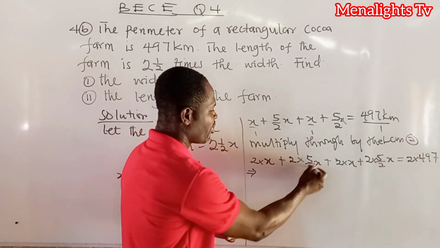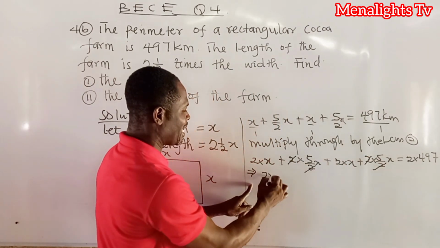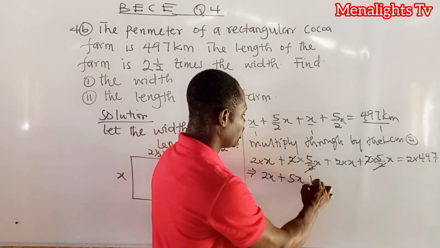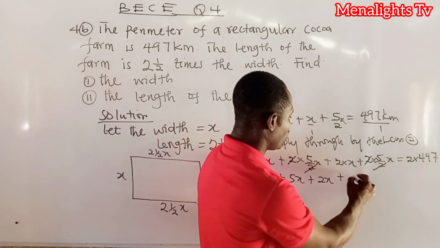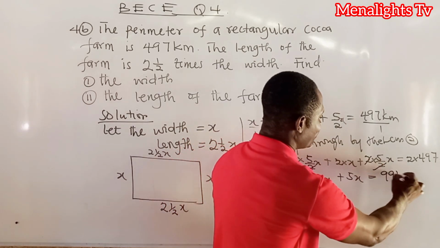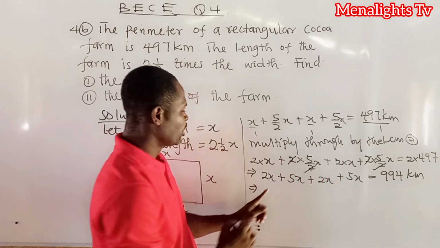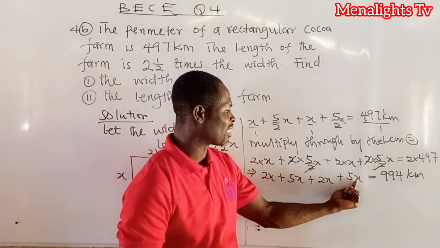So here, these two will cancel, this will also cancel. So here we have the 2x plus, here we have the 5x left, plus another 2x plus 5x, which is equal to 994 kilometers.